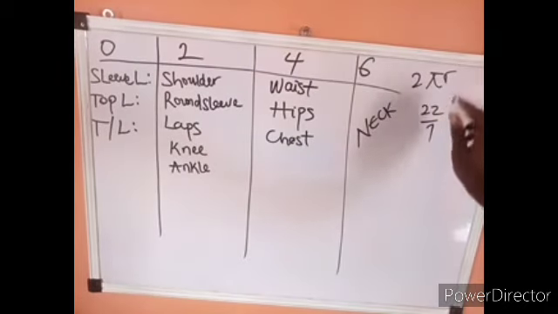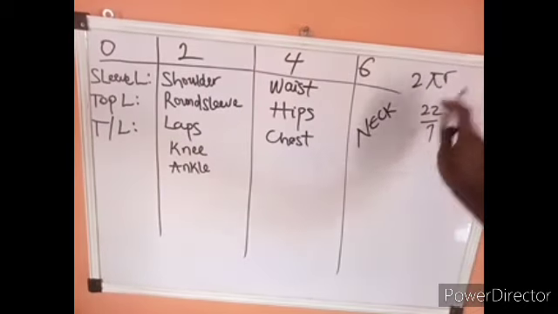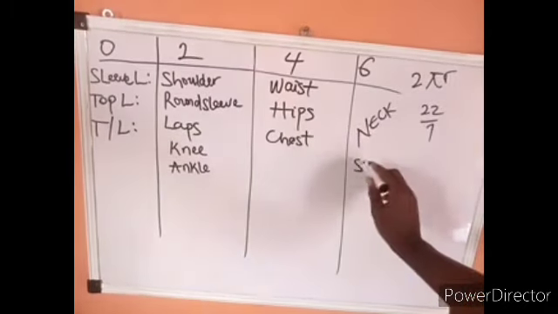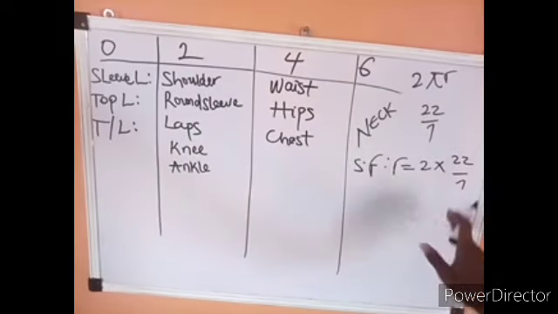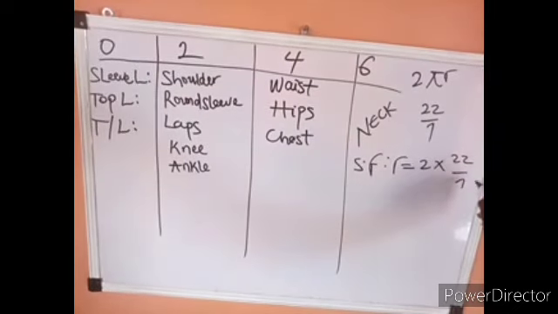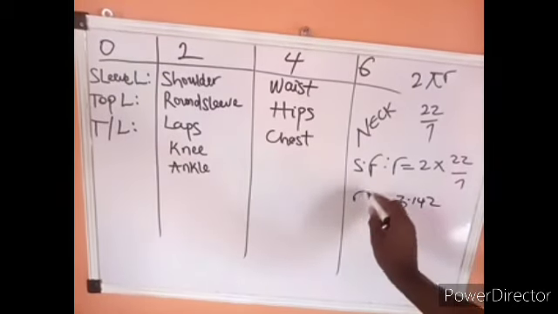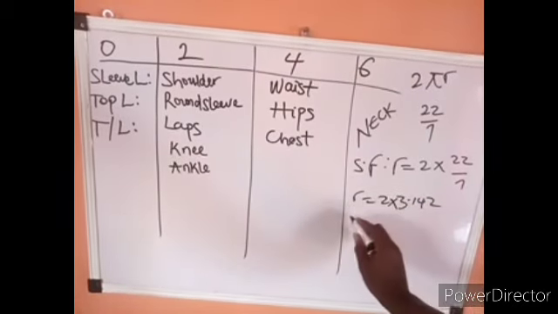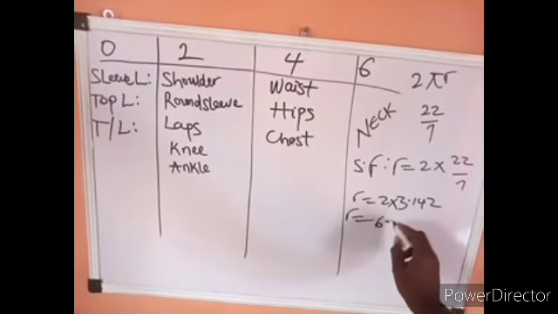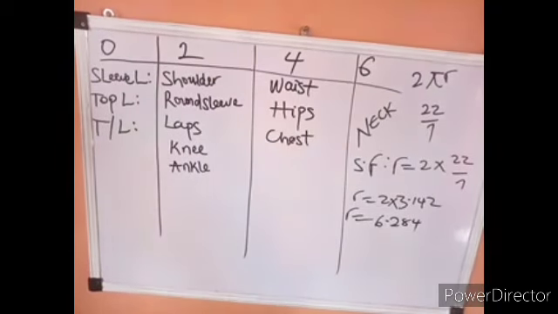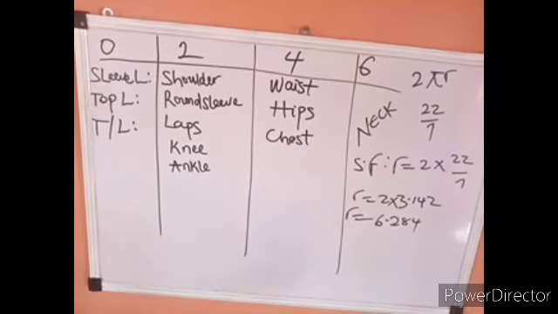And then when you make r the subject, you are having r equals 2 times 22/7. When you expand 22/7, it is 3.142, and then r equals 2 times this, which gives you r equals 6.284. Now this is the value of r.